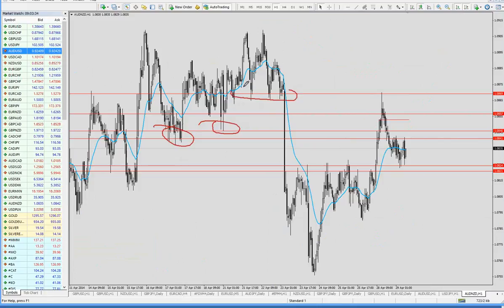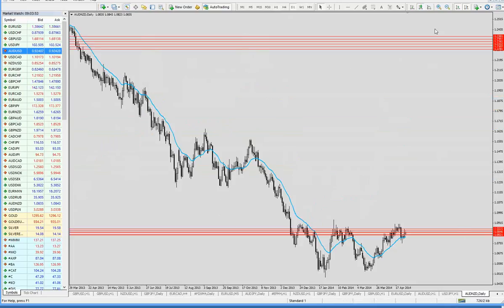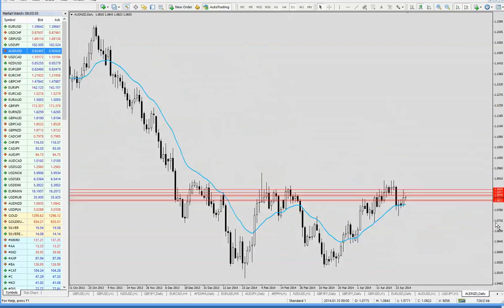Finally, we reached almost 108.70. That's the hourly chart. But let's start from the beginning. That's daily.